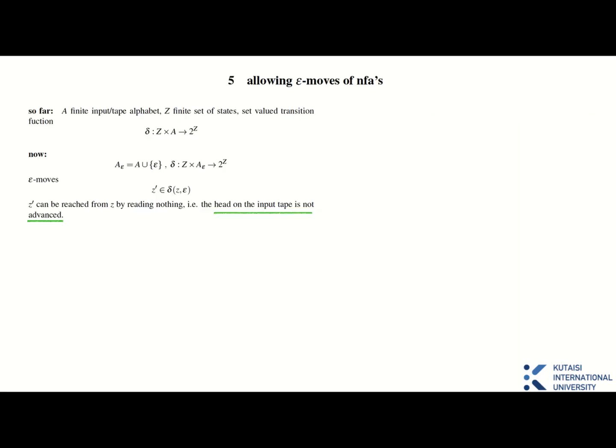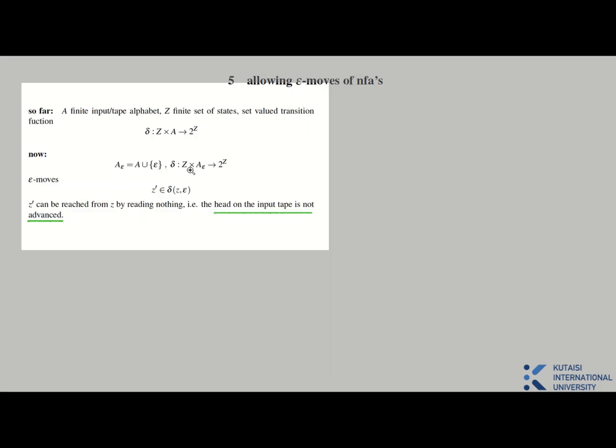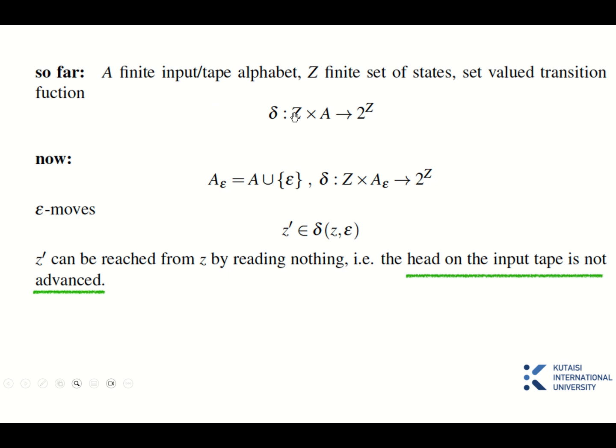In order to do this, I modify my definition of an NFA. So far, for every state and every alphabet letter, I produced a set of states where I can go. Now I add epsilon. A is my alphabet, so A epsilon is A with epsilon added. So I have my 0, 1, and also epsilon, and now my transition function takes every state and every letter or epsilon, and produces a set of states.